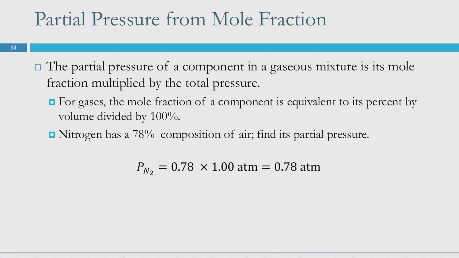And for gases, oftentimes we'll see it as a percent composition, which is what my brain was trying to find earlier. So for example, nitrogen has 78% composition of air. If you just divide it by 100% to turn it into the decimal form, that's the same as the mole fraction. So it's 0.78 for the mole fraction.